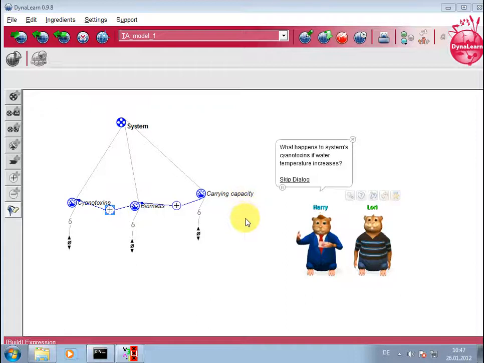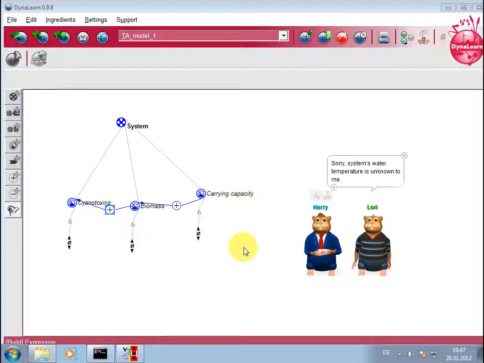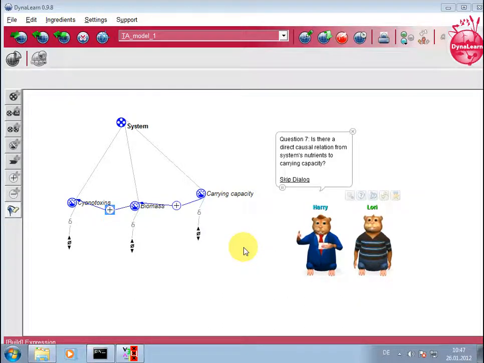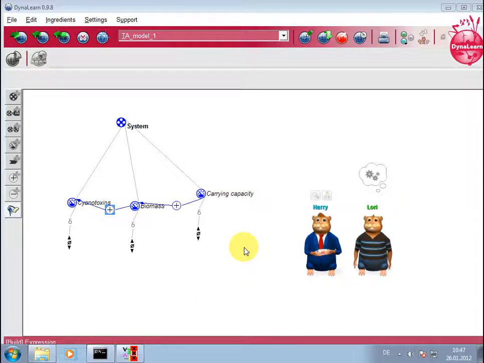What happens to systems cyanotoxins if water temperature increases? So now it's interesting. There is a new component. Water temperature is not modeled yet in our model, but it's in the expert model. This is why the quizmaster asks for it, but the pet doesn't know it, and this is also considered in this quiz challenge.